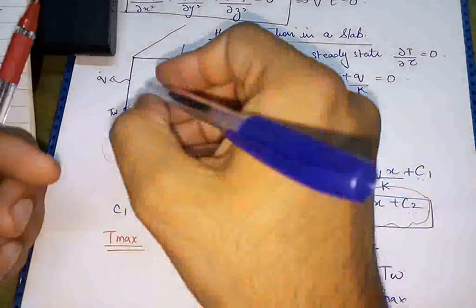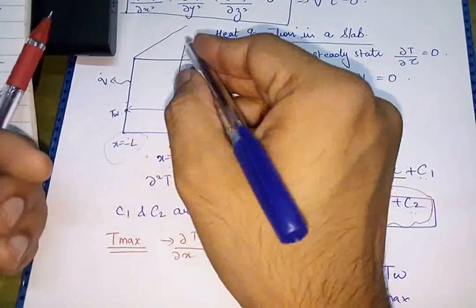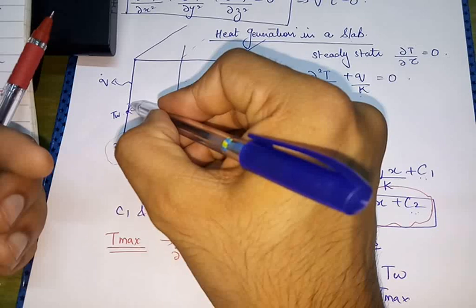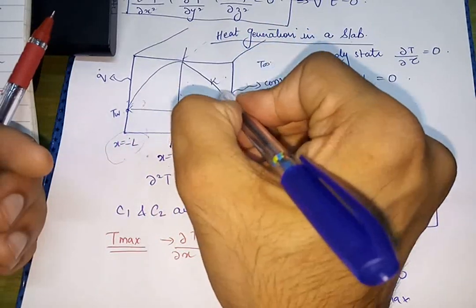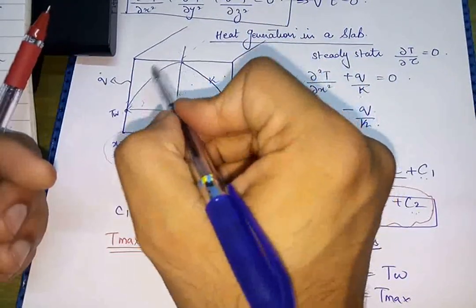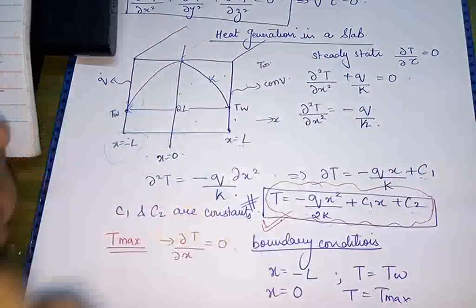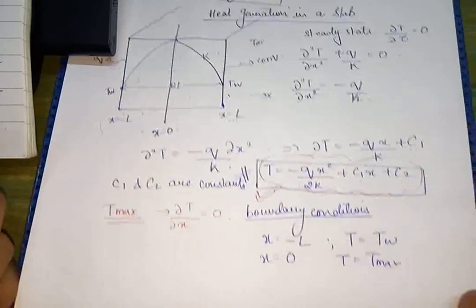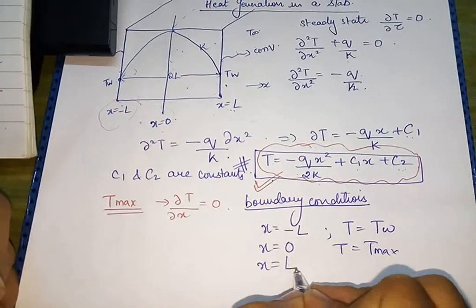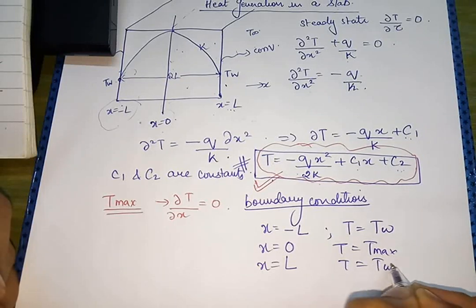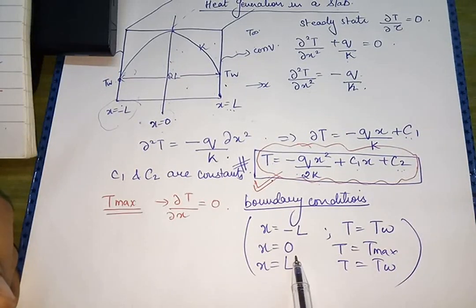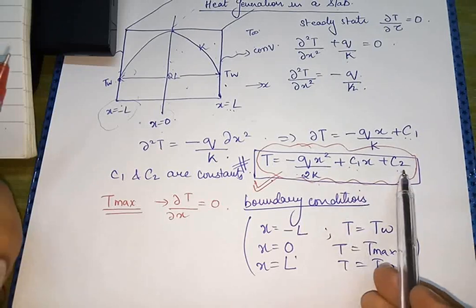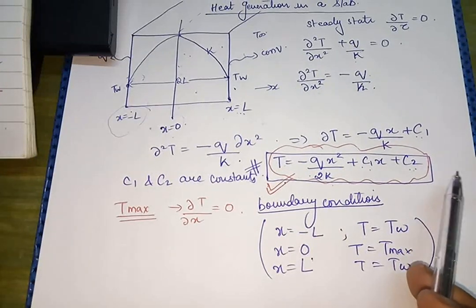The maximum temperature will be in the middle and the temperature profile will be like this. At X equals L, T equals T wall. So by using these boundary conditions, the constants C1 and C2 can be easily evaluated.